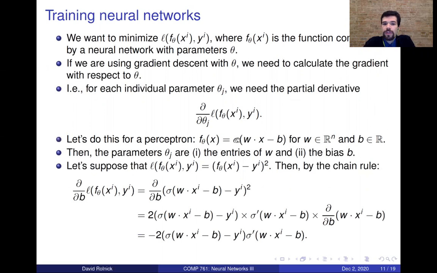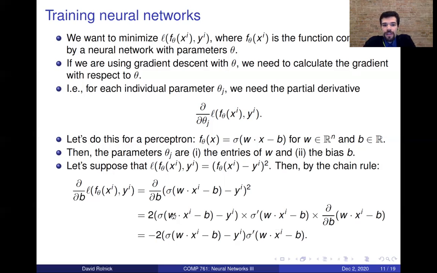Let's compute the derivatives. So here's the derivative with respect to b. We can differentiate this loss function, and we're going to use the chain rule. Sorry, this is painful. 2 times the thing inside the square times the derivative of the thing inside the square. So here's the derivative of this sigma. But then we also need to take the derivative of the thing inside the sigma, so we're doing the chain rule twice.